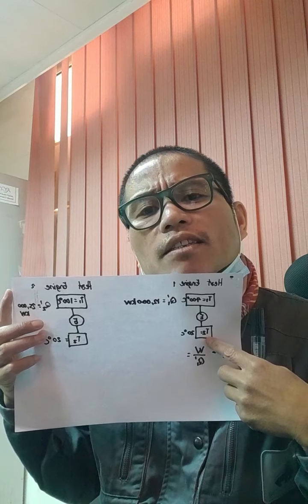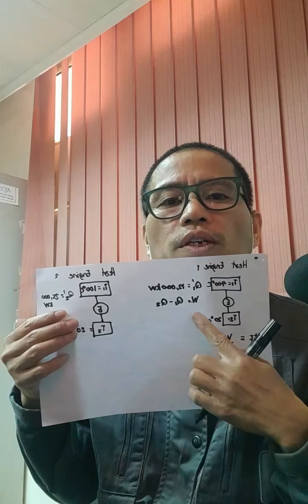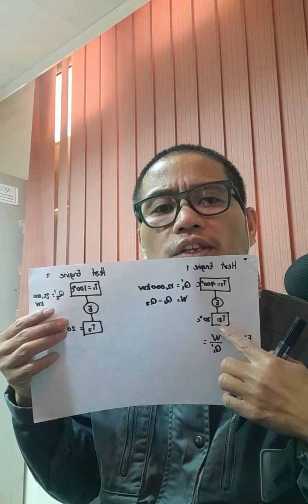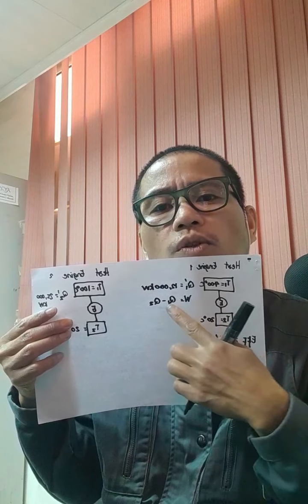So work is equal to Q1 minus Q2, meaning the heat here and the heat here. Substitute this value here, so it will become Q1 minus Q2 over Q1.